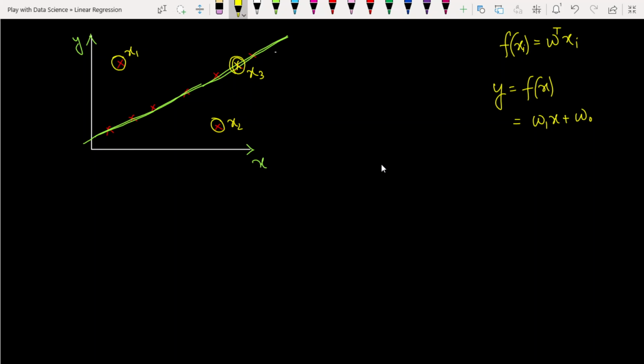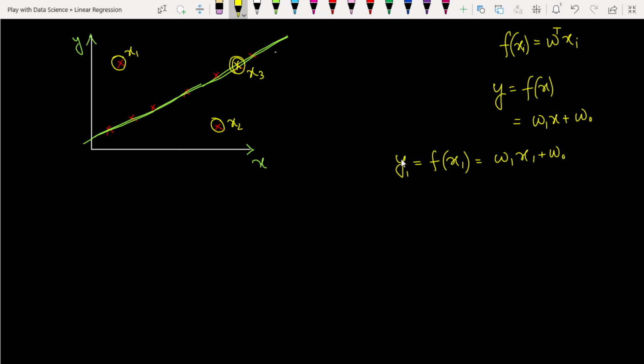The x1 data output will be y1. What does y1 mean? y1 means f of x1, and f of x1 means w1 x1 plus w naught.